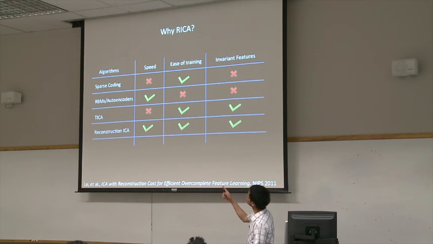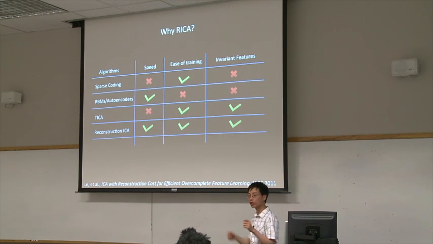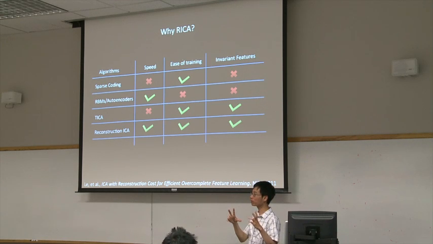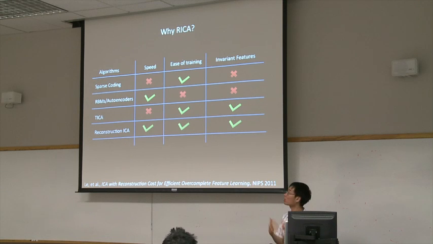Reconstruction ICA is a great combination of these two algorithms. It has the strength of TICA in that it has very few hyperparameters. Actually, it has one, and it can learn invariant features. But it's also very fast because we use a harder constraint, like an eigenvector solution, instead of a softer constraint, and it actually can be trained a lot faster.